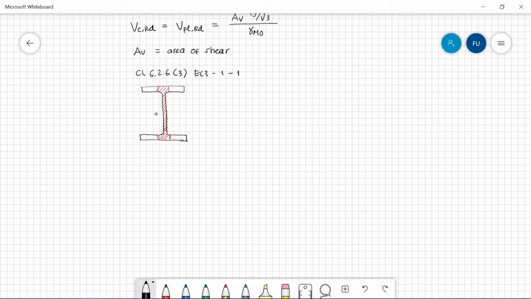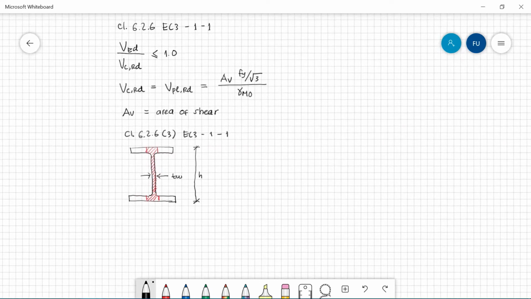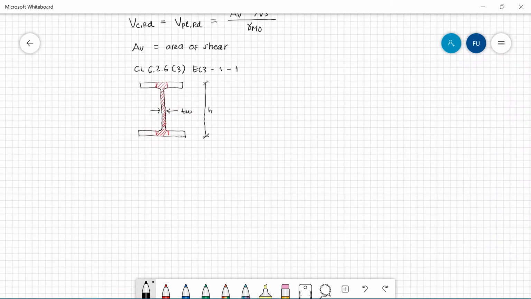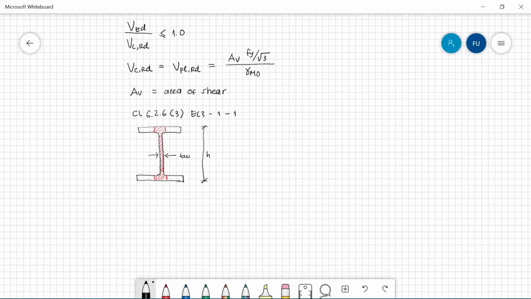The big role here is the thickness of the web and the overall depth of the beam cross section. So it is quite direct.